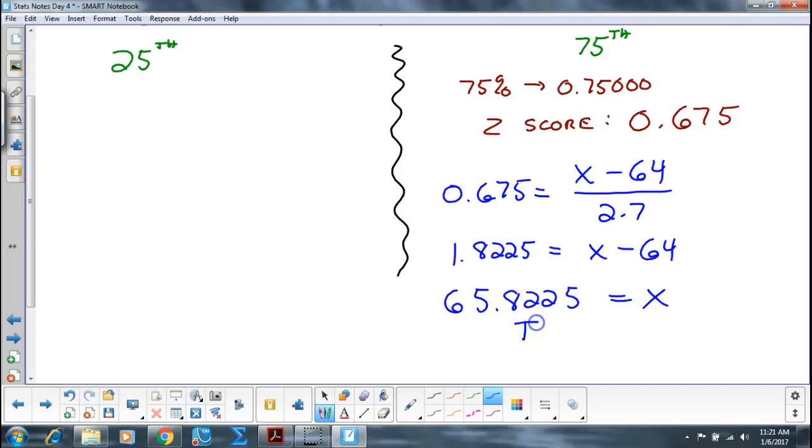And that's in inches again, right? So the 75th percentile line is 65.8225 inches. Okay? You find me now the height for the 25th percentile.